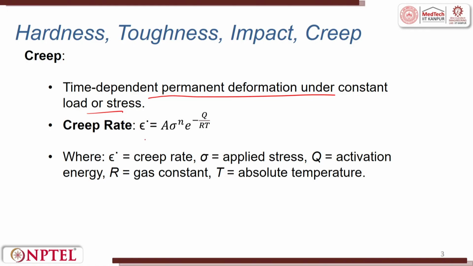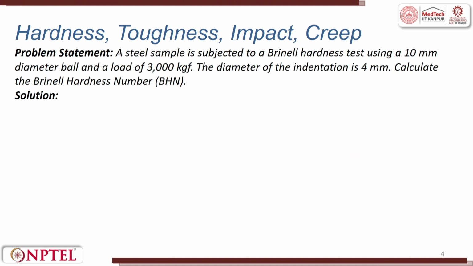The creep rate epsilon dot is A sigma power n, times the negative exponential of Q by RT, where epsilon dot is the creep rate, sigma is the applied stress, Q is the activation energy, R is the gas constant, T is the absolute temperature. Let me try to see some numerical statements and we keep on discussing the relationships.